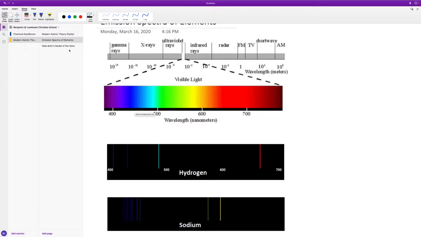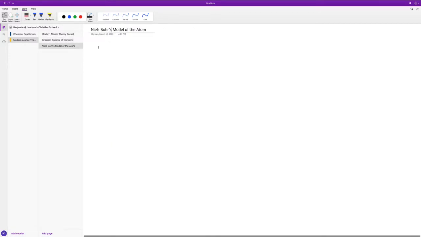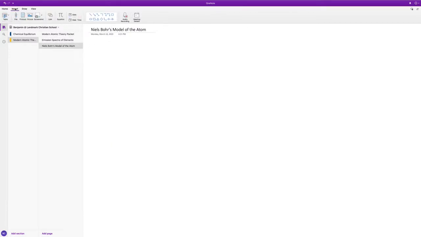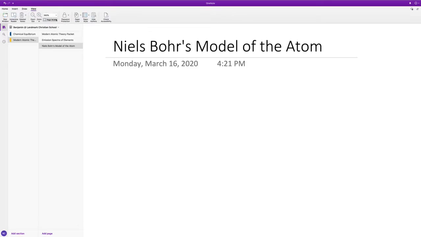So I want to talk about Niels Bohr's model of the atom. Okay, so Niels Bohr, not going to talk too much about who he was, but he's a scientist who was on good terms with Ernest Rutherford and Albert Einstein and some others.